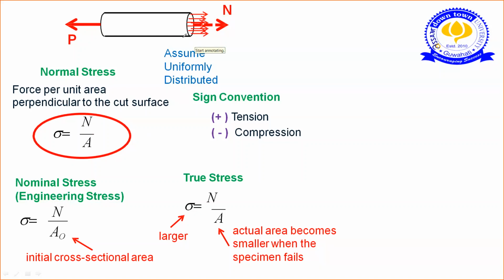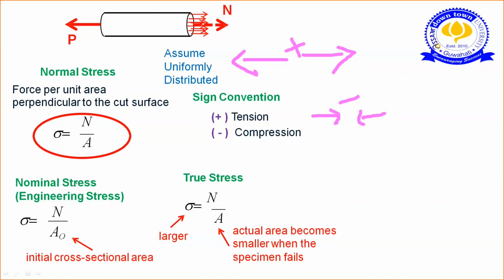This is the normal force per unit area. For the sign convention, if the force is in tension, the sign will be plus. If the stress is in compression, we will use negative. So this is your normal stress.